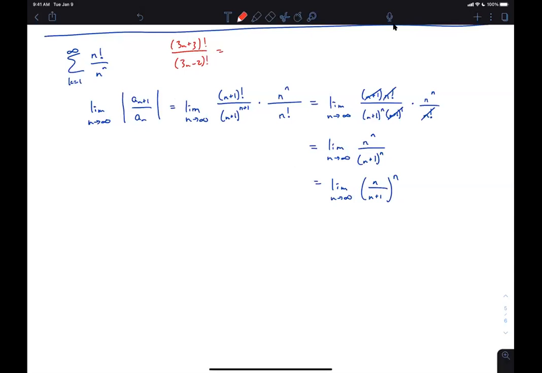And the way you do that is you start with the biggest number, so 3n plus 3, and then you keep subtracting 1 until you get to the smaller one. So if I subtract 1, I get 3n plus 2. If I subtract 1 again, I get 3n plus 1, and then 3n, and then 3n minus 1, and then 3n minus 2.